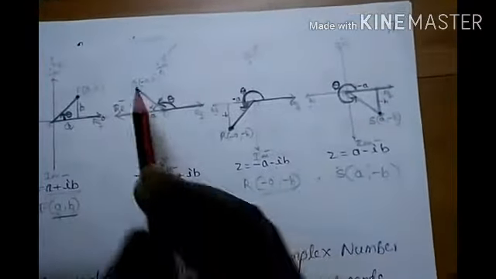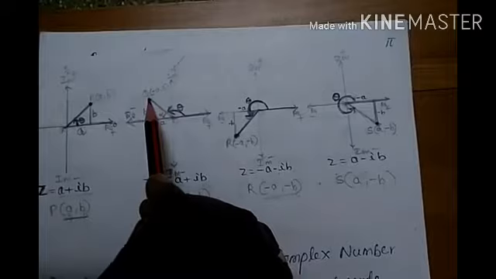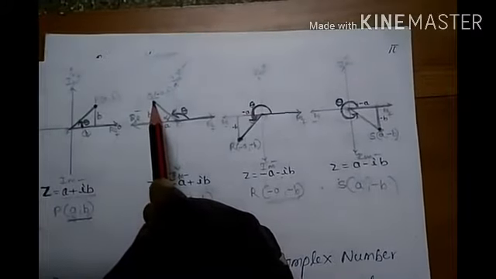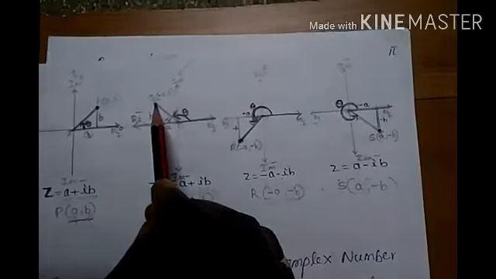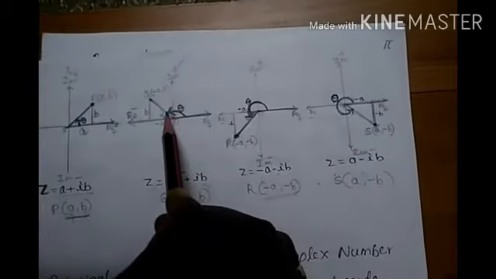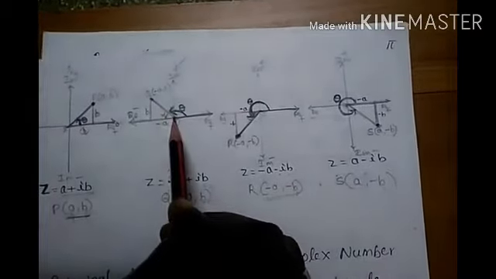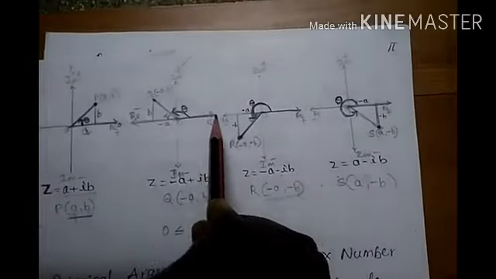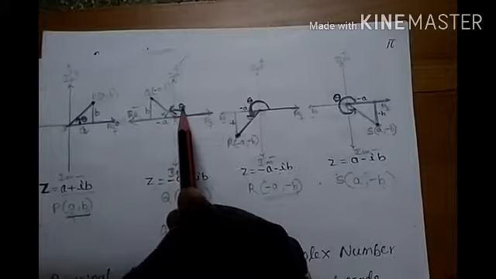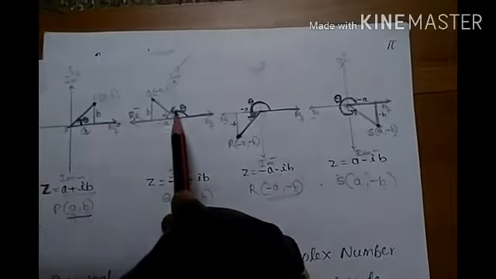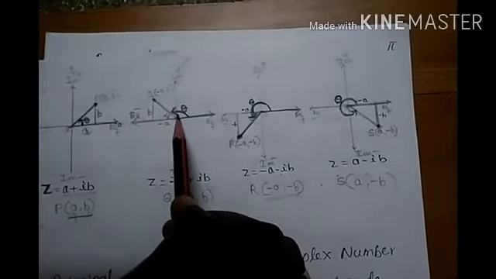Now the point (minus a, b) is in the second quadrant. Join OQ. The angle made by this line OQ with the positive real axis is known as the argument theta.